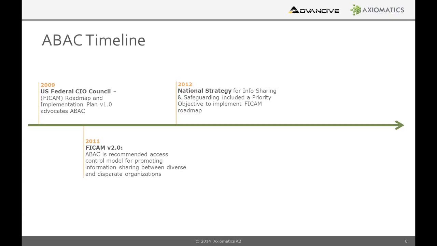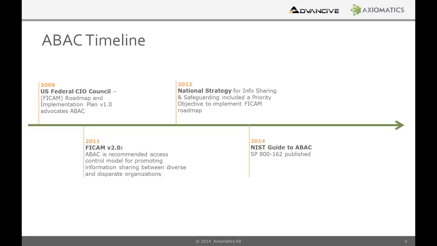Moving on to 2012, and you have the National Strategy for Information Sharing and Safeguarding. That strategy included a priority objective to implement the FICAM roadmap. So in 2012, we have the first executive decision, or the first implementation decision with respect to ABAC. Moving on to earlier this year, NIST published an excellent report on the topic of attribute-based access control.